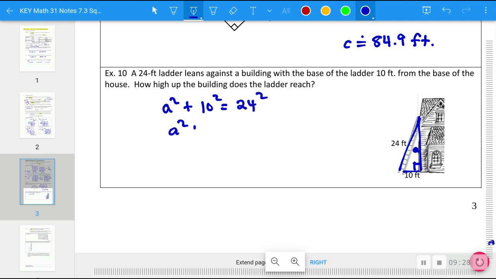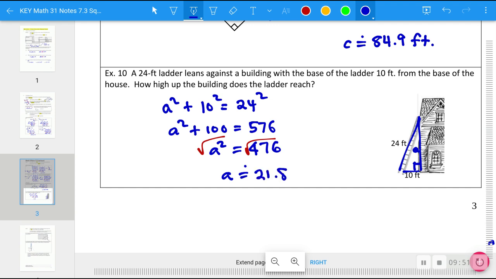So A squared plus 100 equals 576, 24 times 24. Subtract 100 off both sides. I won't show it, I'll just do it. And then we'll take the square root of both sides. And that takes us down to our A value of approximately 21.8 feet.